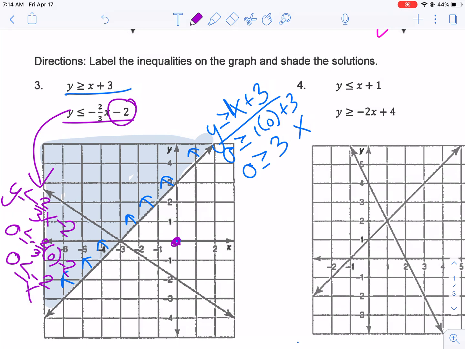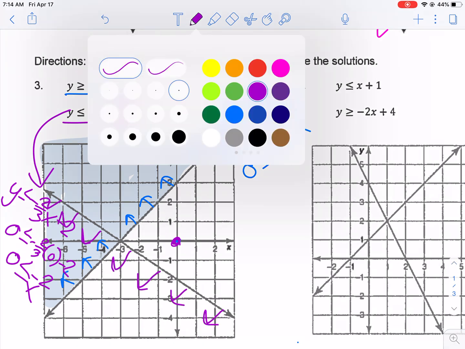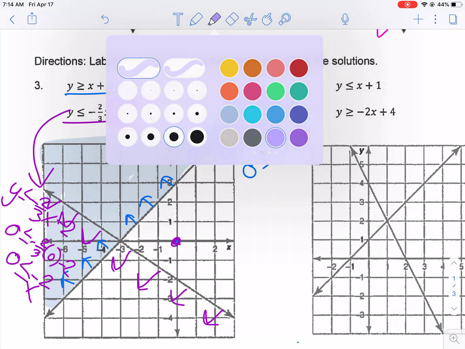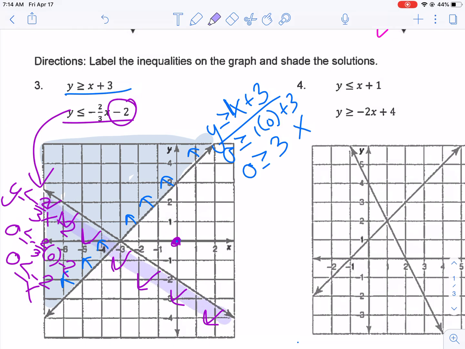Which means my arrows would go down this way, and if I wanted to shade, let's use this purple. My shading would be down here. And then where are the solutions? Where do they overlap? Of course, where I had all my work, right here. Those would be where the solutions are to the system.